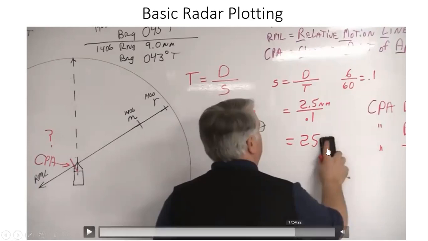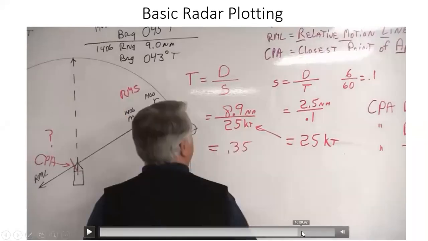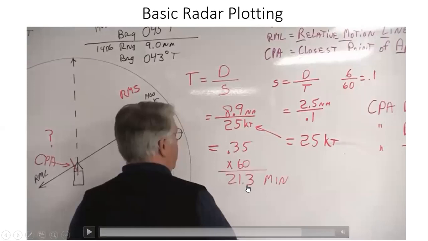25 knots. So, he put 25 knots here. He measured from the M up to the CPA point. 8.9 divided by 25, it's around how much? Okay, 21.3 minutes.